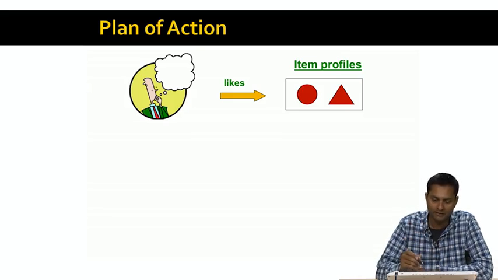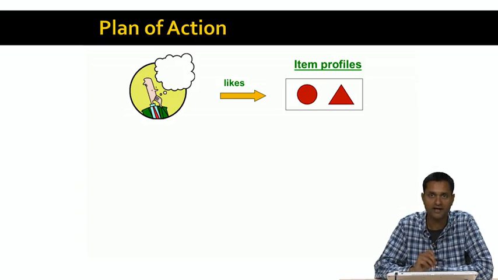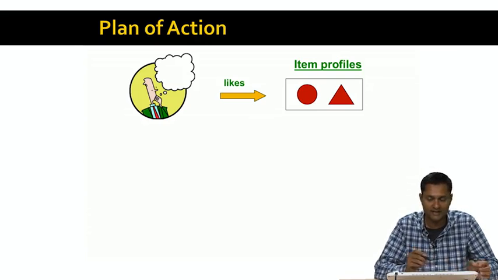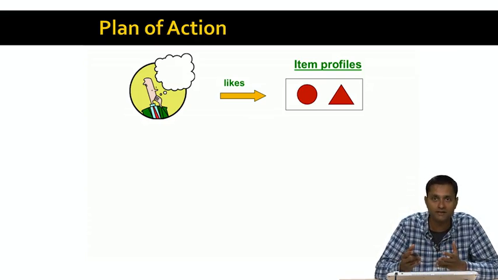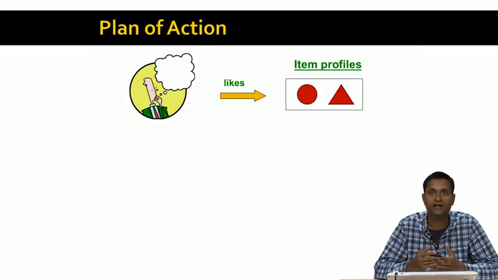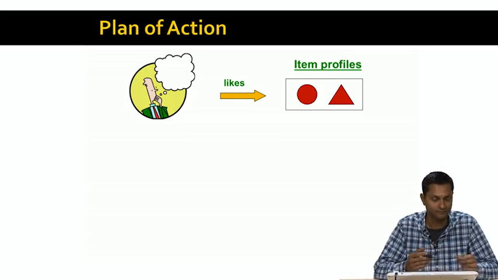For example, in this case, we are dealing with geometric shapes. And let's say the user likes a red circle and a red triangle. We might build item profiles that say that the user likes red items, right? Or that a user likes circles, for instance.